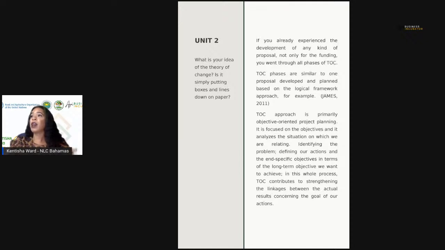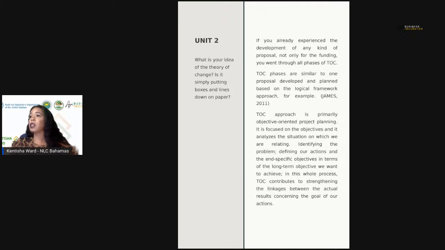So if you've already experienced the development of any kind of proposal or business, not only for funding, you've also gone through theories of change. The theory of change phases are similar to a proposal developed and planned based on the logical framework approach. For example, the theory of change approach is primarily objective-oriented project planning.